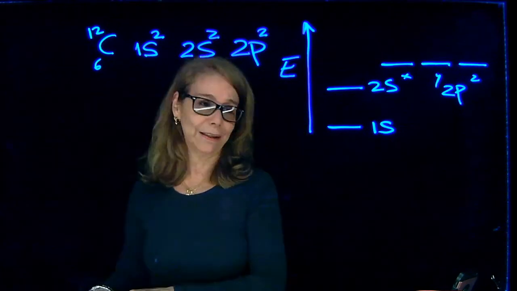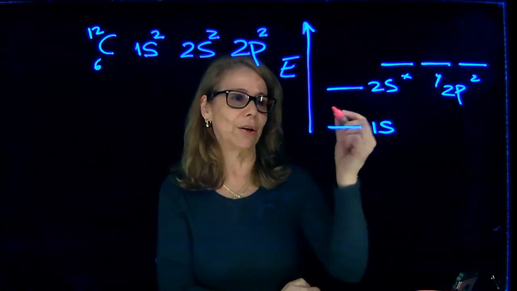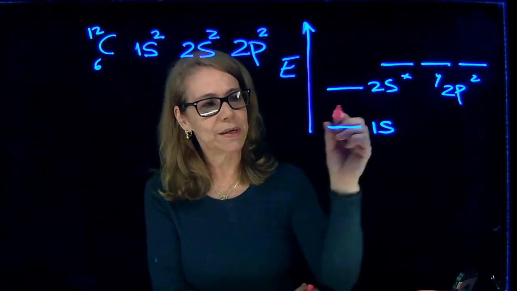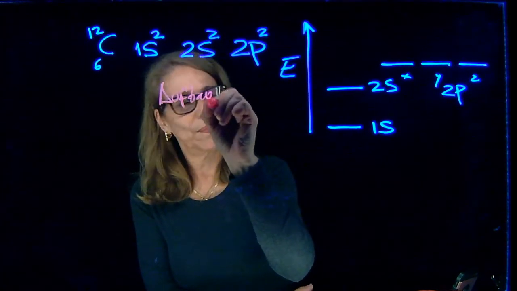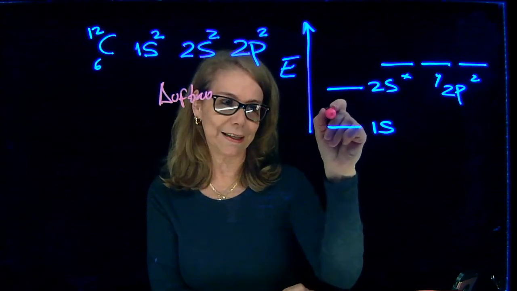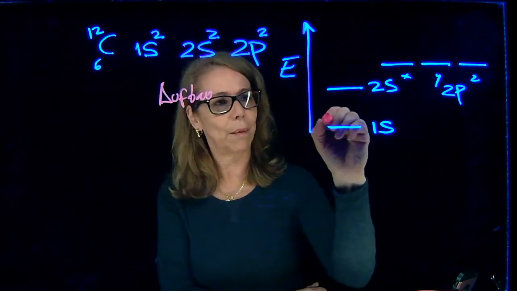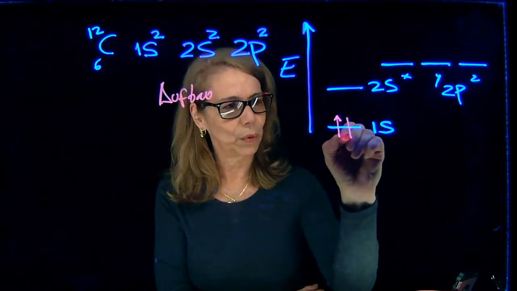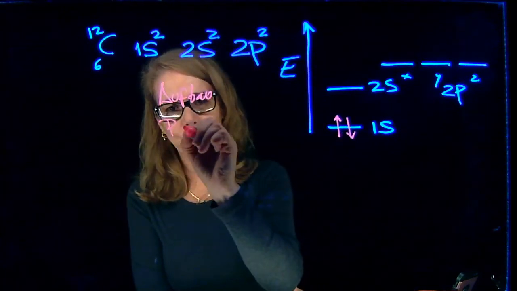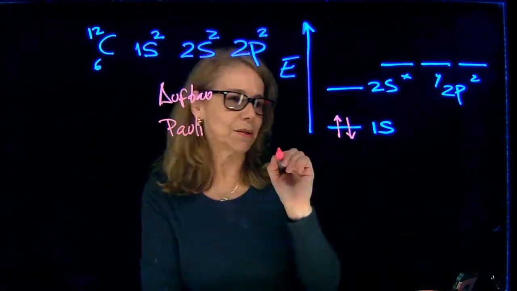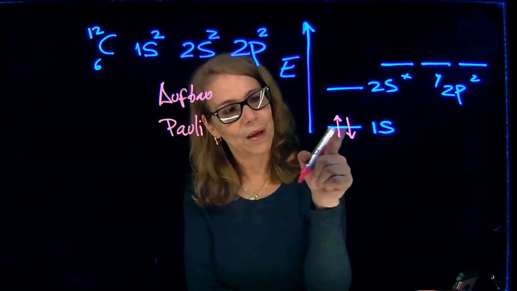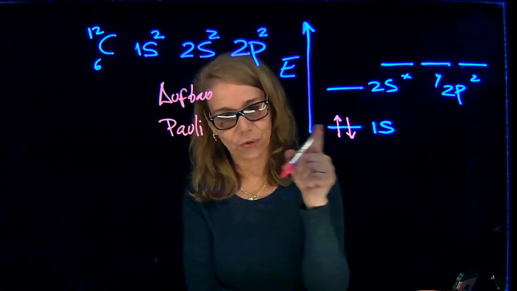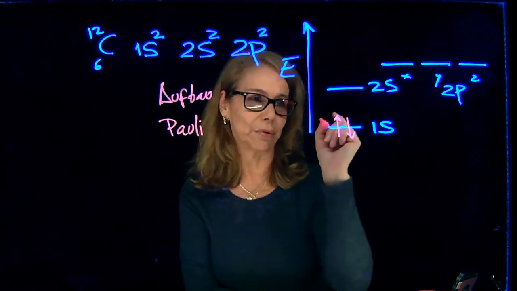Now I'm going to put the electrons following the rules that we know. So the Aufbau principle says that we need to start filling the electrons from the bottom up. So 1 here and 1 here. And I'm using Pauli's exclusion principle, so that they need to have at least the spin different, since 2 electrons cannot have all 4 quantum numbers the same.